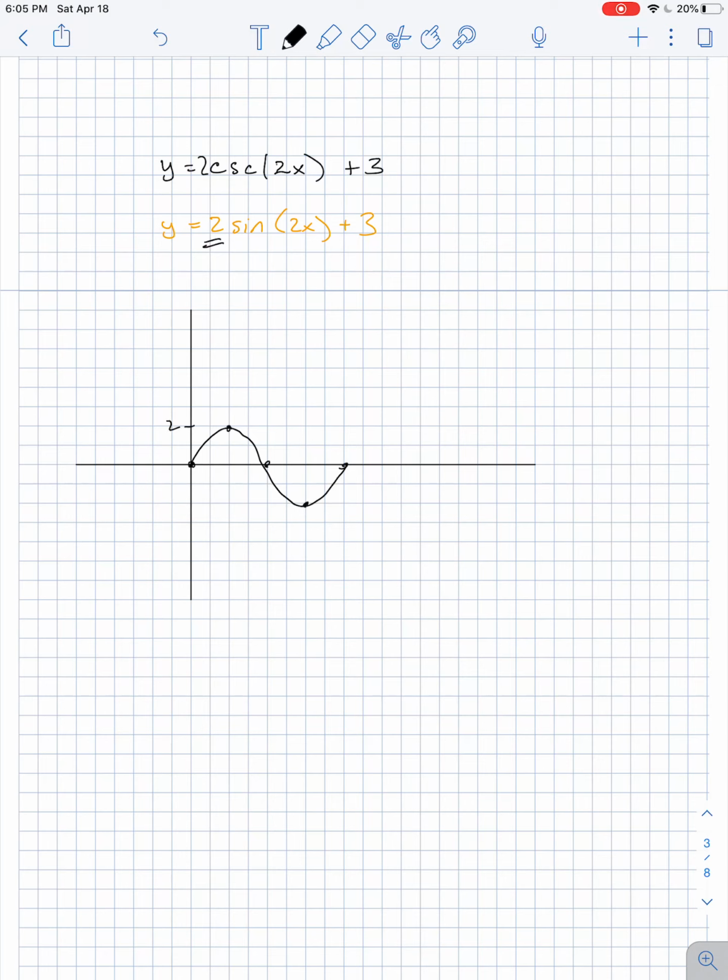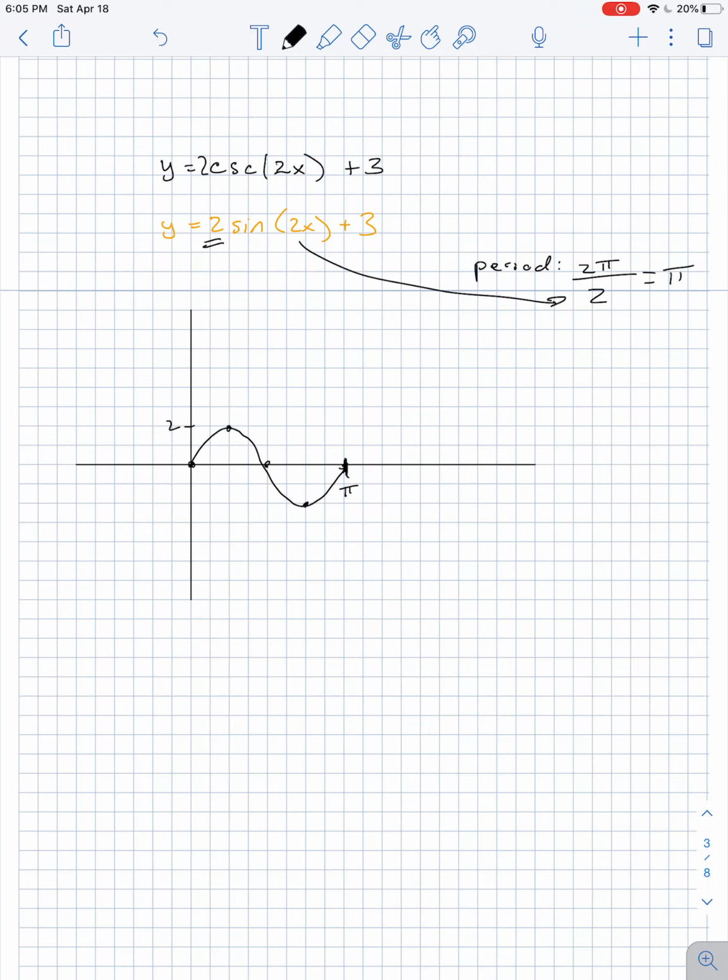For me here, each square will be 1. And let's figure out my period. The period of sine is 2 pi, and then I divide by the number in front of the x. So my new period is going to be pi, which means I'm going to come here to the end of my cycle and name this pi.